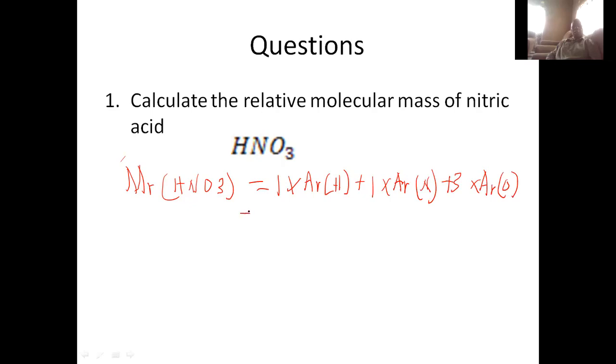And you may now substitute. So you have 1 multiplied by the relative atomic mass for hydrogen, which is 1, plus 1, the subscript for nitrogen, multiplied by the relative atomic mass for nitrogen, which is 14, plus the subscript for oxygen, 3, multiplied by the relative atomic mass for oxygen, which is 16.